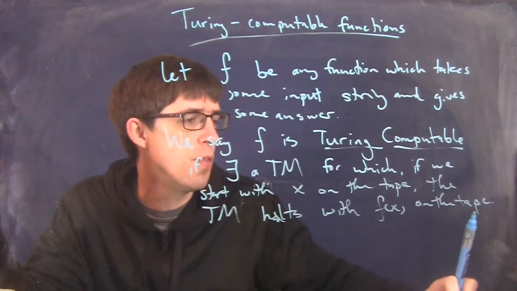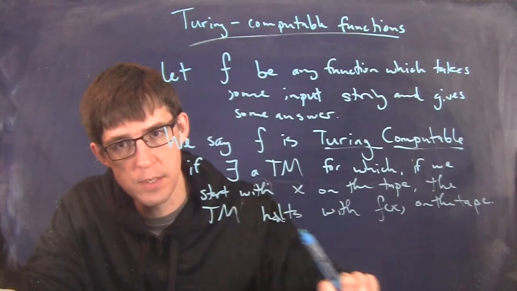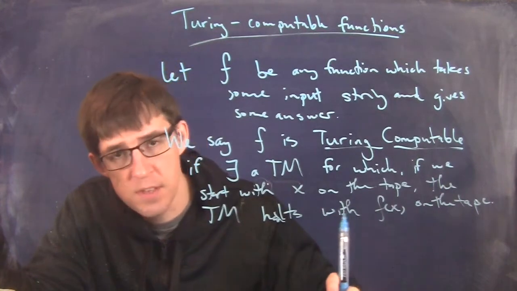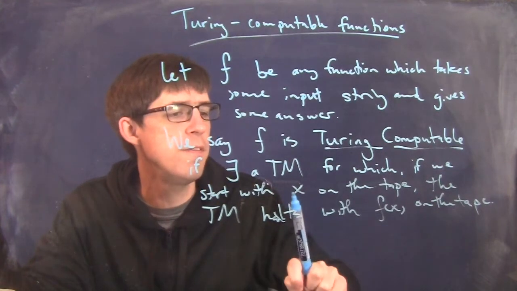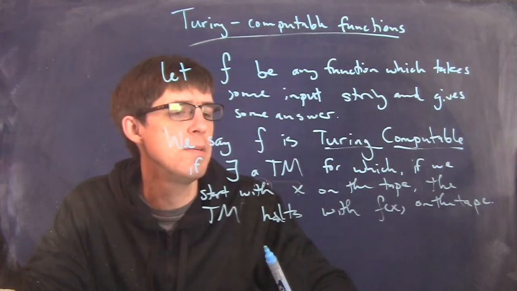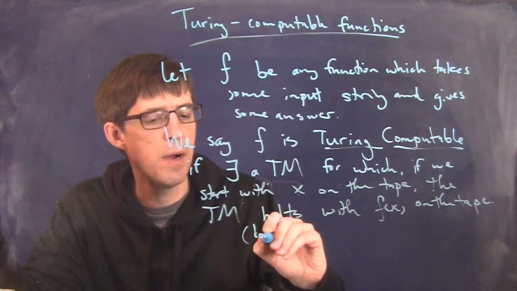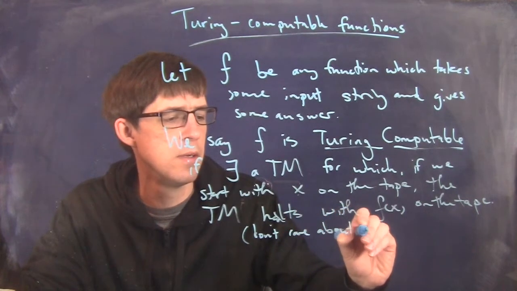It is the same type of Turing machine that we've been talking about, but you're not actually thinking in terms of accepting or rejecting states. You are just thinking of, if you start with x on the tape, then the machine halts with f of x on the tape. So we don't care about accepting or rejecting.